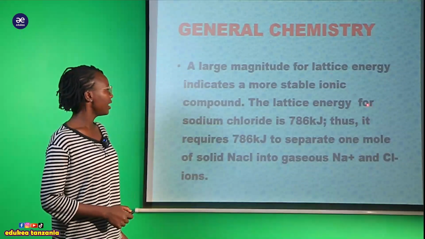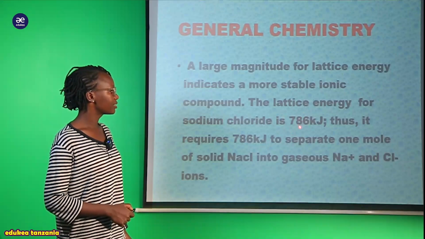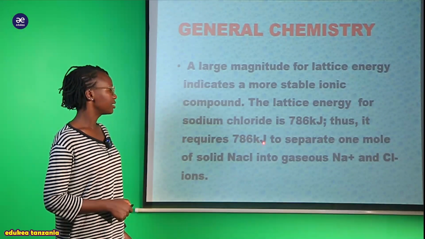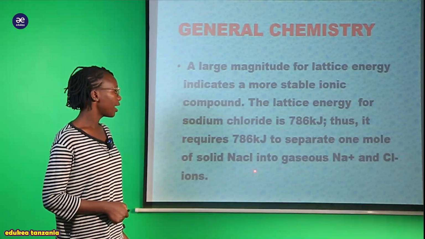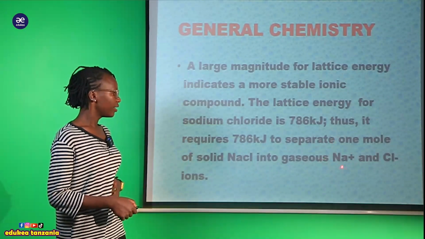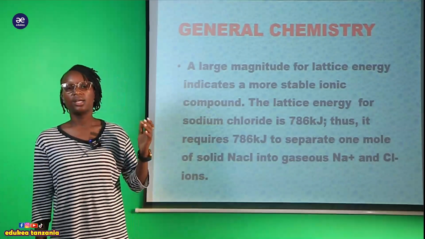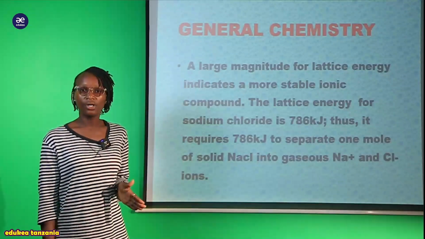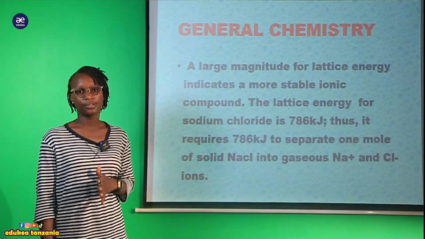So the lattice energy for sodium chloride is what? 786 kilojoules. Thus it requires 786 kilojoules to separate 1 mole of solid sodium chloride to gaseous sodium ions and chloride ions. Kama tulivyosema kule kwamba ni energy required to separate the solid ions into its components of gaseous ions.